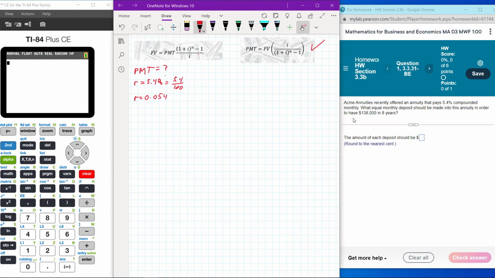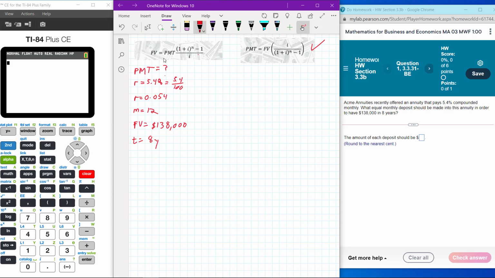It's compounded monthly, which means our compounding frequency M is 12. We want a future value FV of $138,000, and our time T is 8 years.